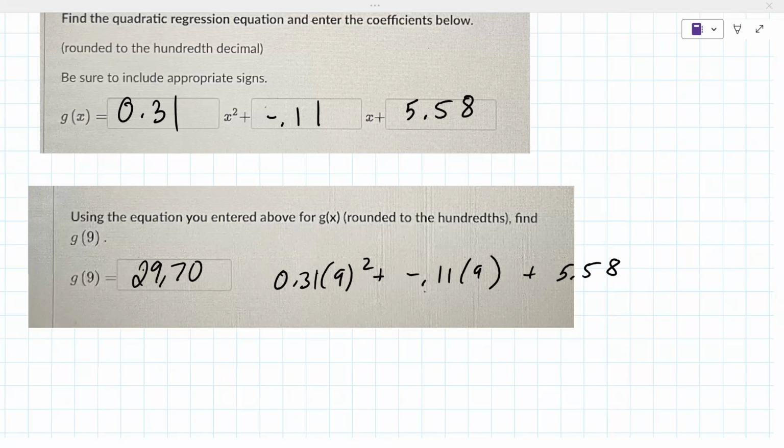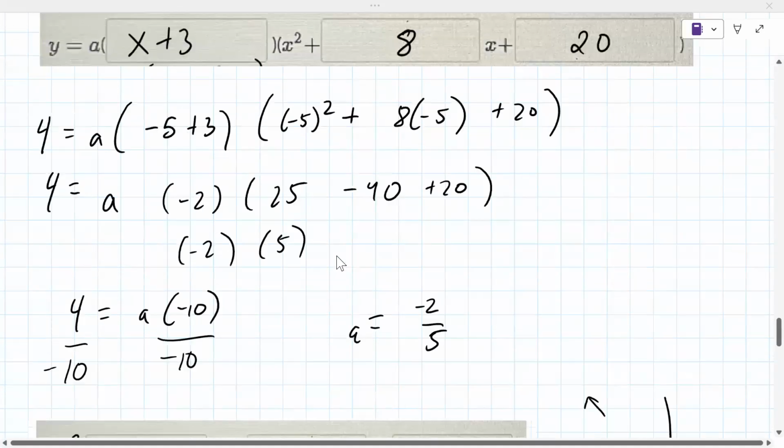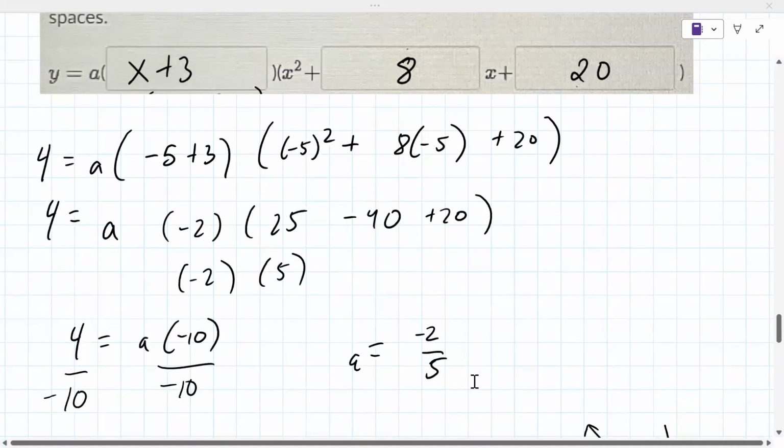Scrolling. Opening. There's one on the zeros one with -3 and -4. I didn't fill in the A. Hold on. I believe that was some sort of a fraction. It was the negative 2/5.